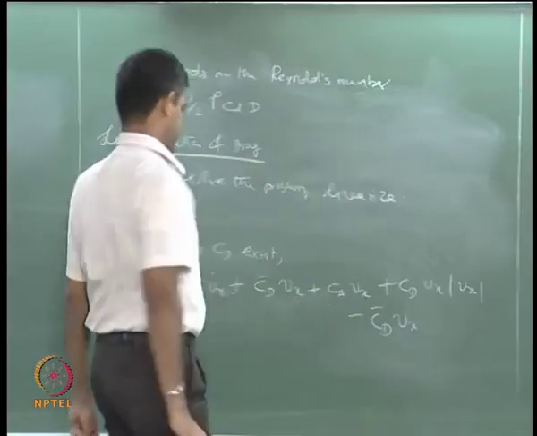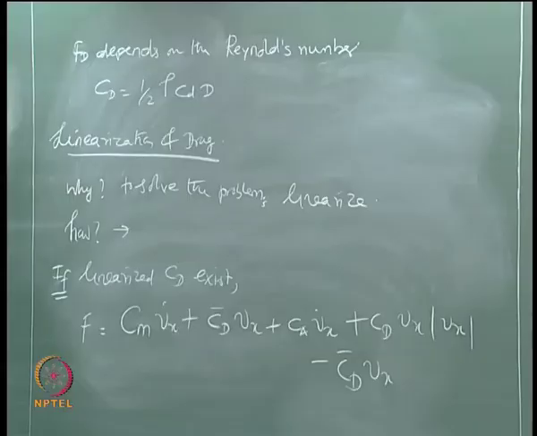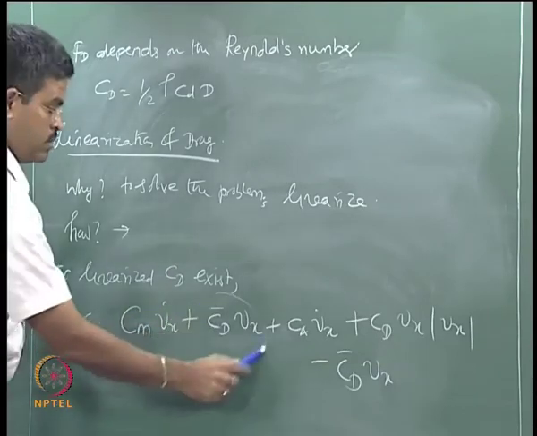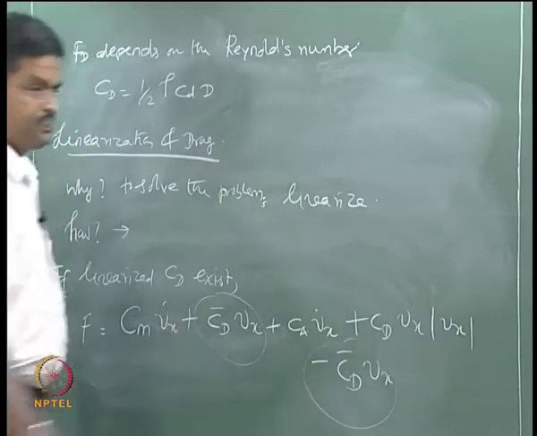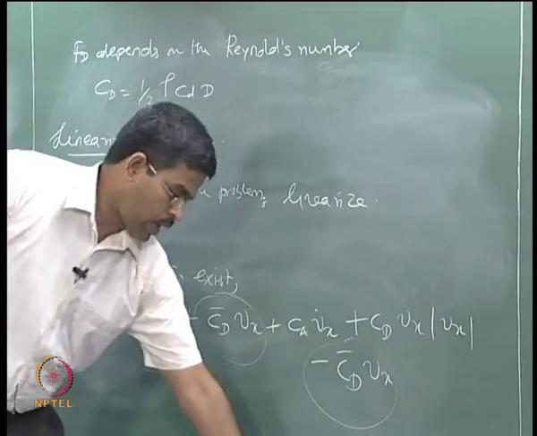It is the same equation which I wrote earlier. I have now added and subtracted a new term, these two. So, from these two I will pick up the error function.